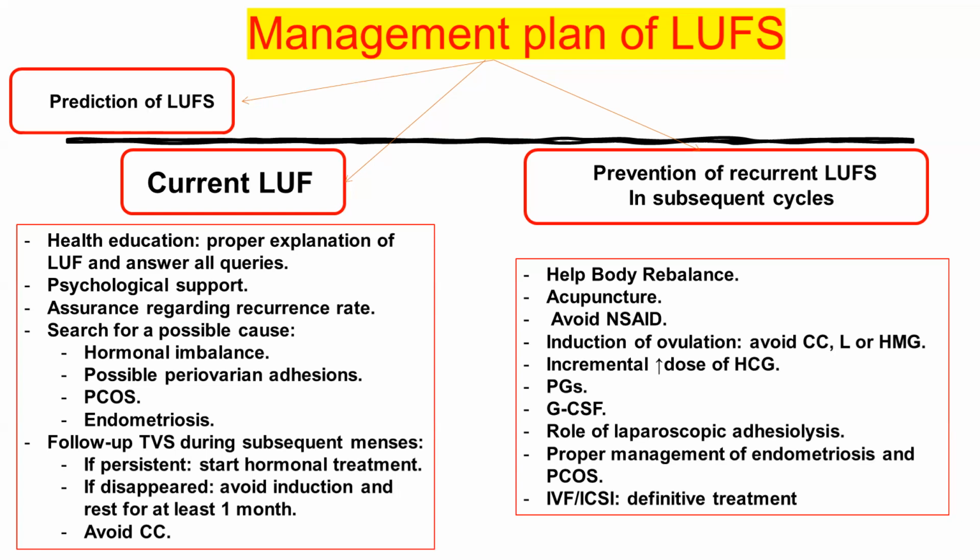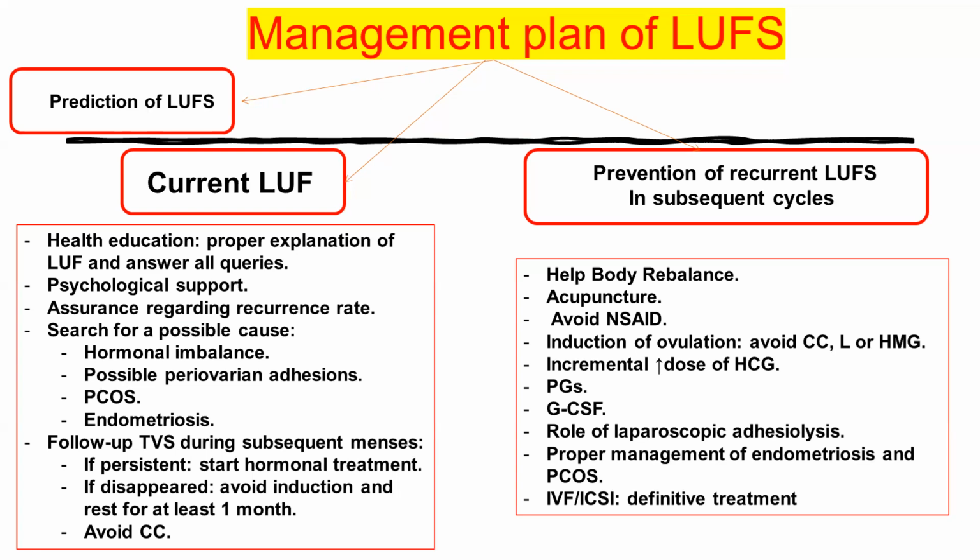And we have to search for a possible cause like hormonal imbalance, adhesions, PCOS, endometriosis, and follow up with ultrasound during subsequent menses. If the LUF cyst is persistent, we have to start hormonal treatment to make it shrink.